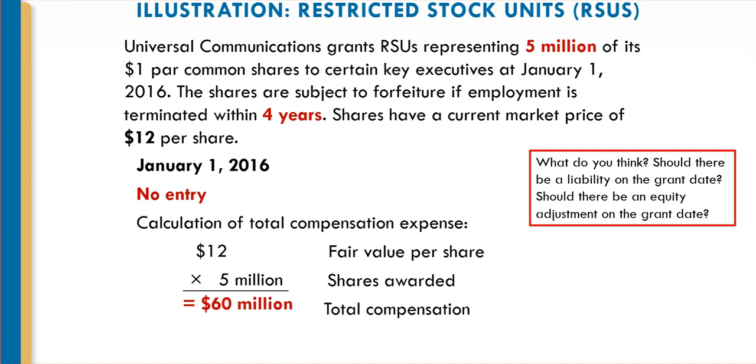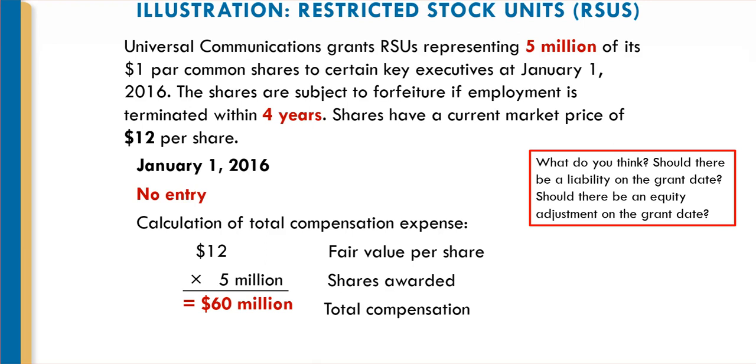Now, on January 1st, when we actually grant it, we do not have a journal entry. Technically, I guess it's 1/365 times 1/4 times 60, because there's probably some expense for that one day. But we are saying that for the whole year 2016, you want to record 1/4 of the 60.